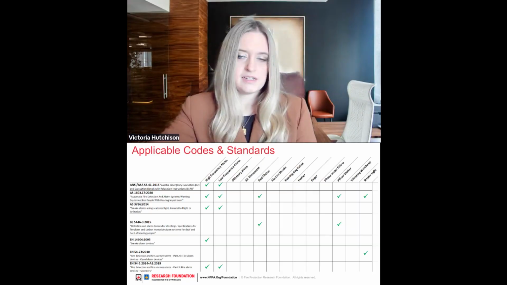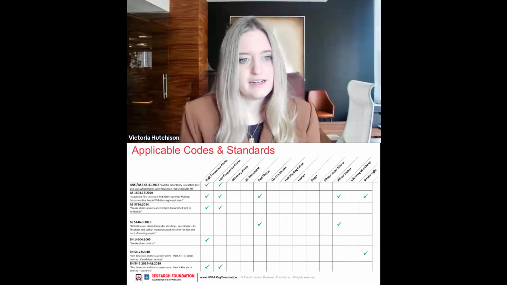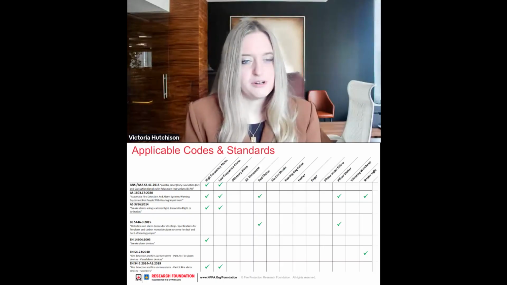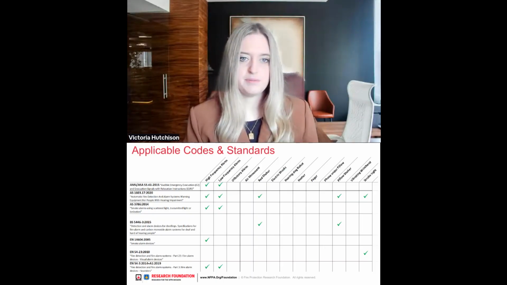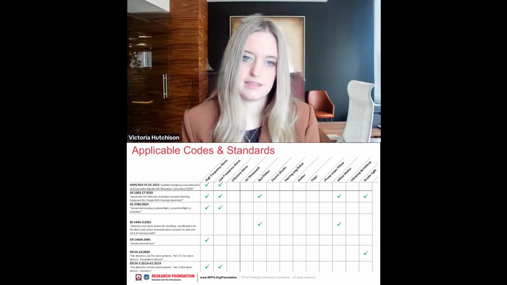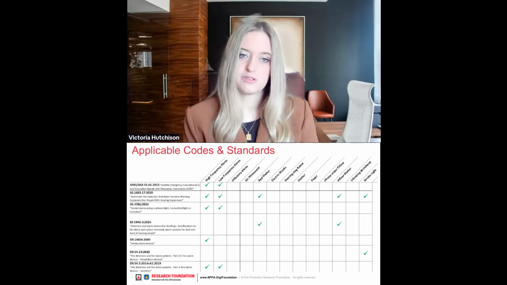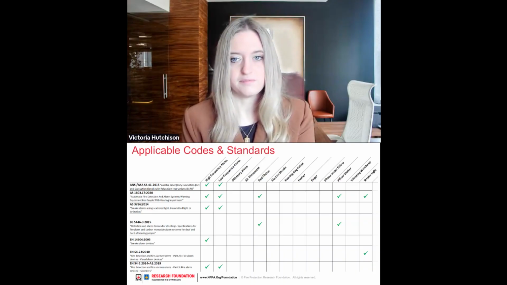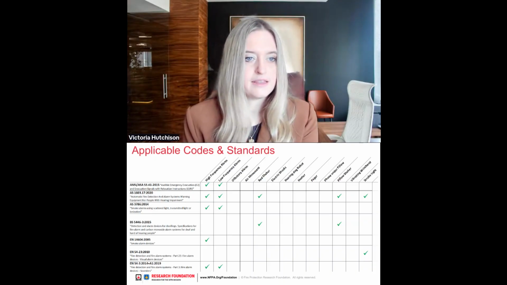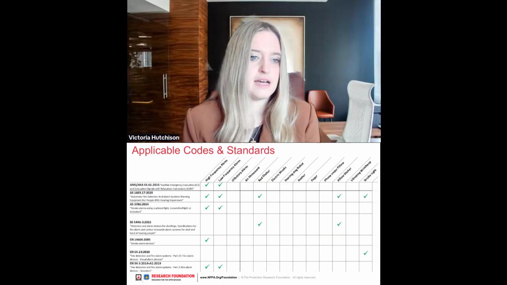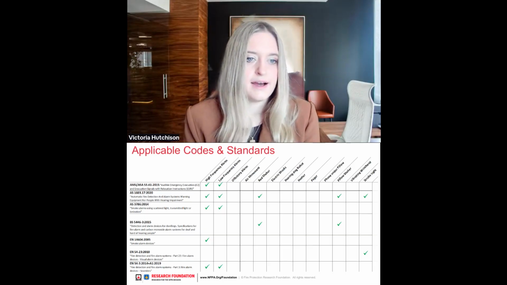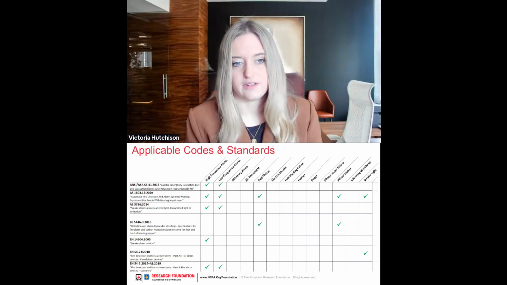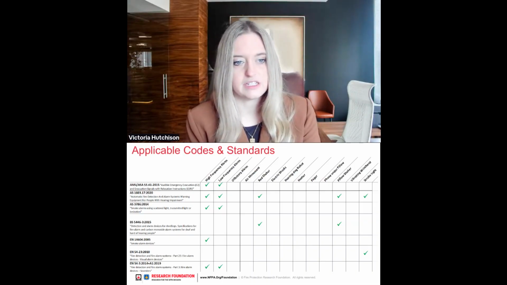So here, this is just a chart. I know it's a bit of an eye chart, and the text is quite small, but it's a visual to help you see which standards cover which technologies that were analyzed. The majority of them do cover high frequency alarms. If you look at the ones that cover bed shakers and pillow shakers, the fourth line down, BS 5446, is specifically for alarms for deaf and hard of hearing populations.